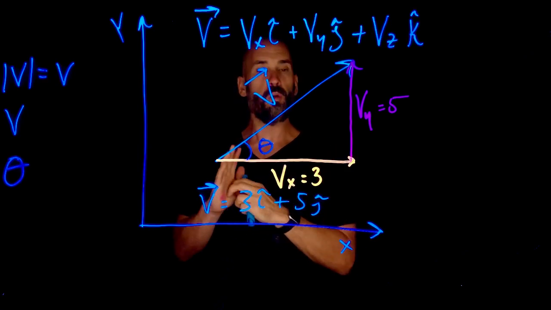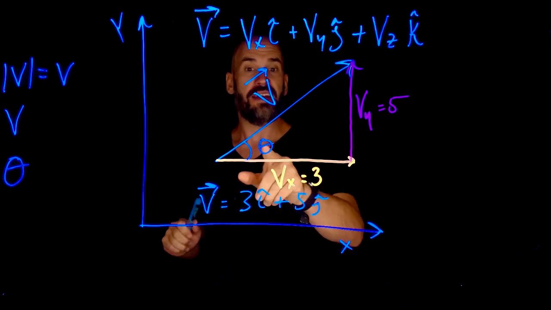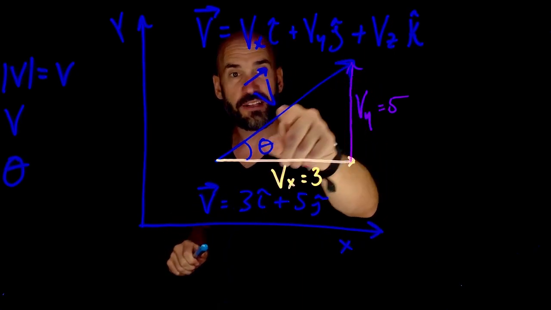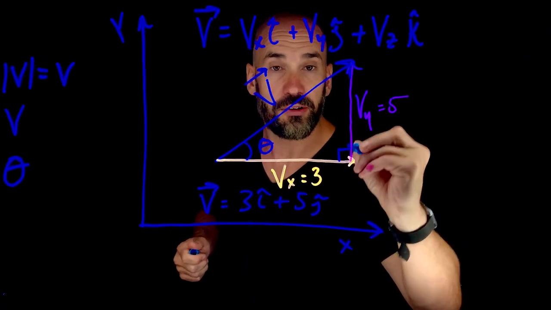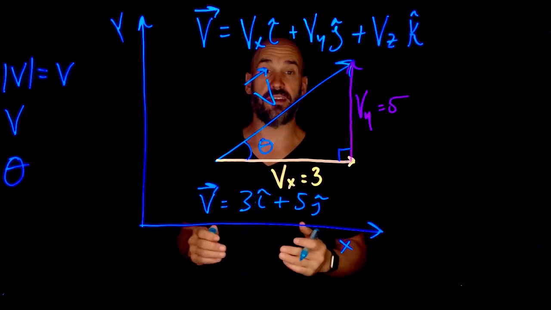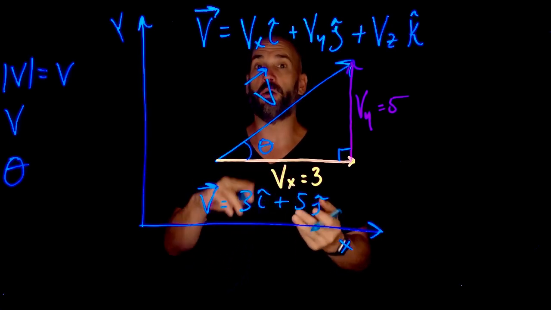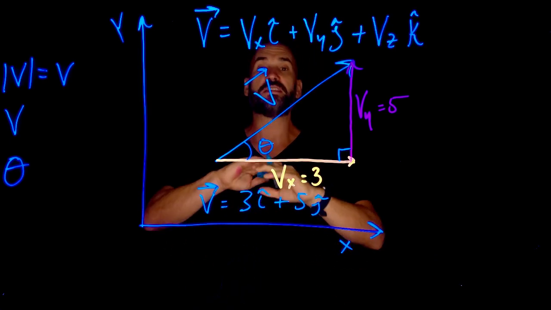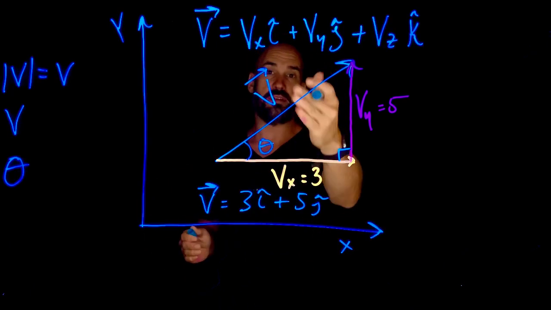All right. Well, this is where we take a moment to notice that these components and the vector itself form a beautiful little right triangle. And you guys know so much about the math of right triangles already, right? We know SOHCAHTOA, we know Pythagorean theorem, which means we can solve for everything we want to know about vectors by knowing these simple properties of a right triangle.